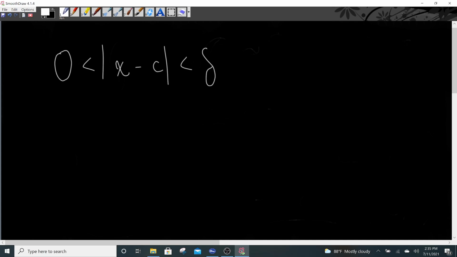I'll rewrite this because I've scribbled over it far too much. We have 0 is less than the absolute value of x minus c, which is less than delta. And then we have the absolute value of f of x minus L is less than epsilon. We can think of this as precision.